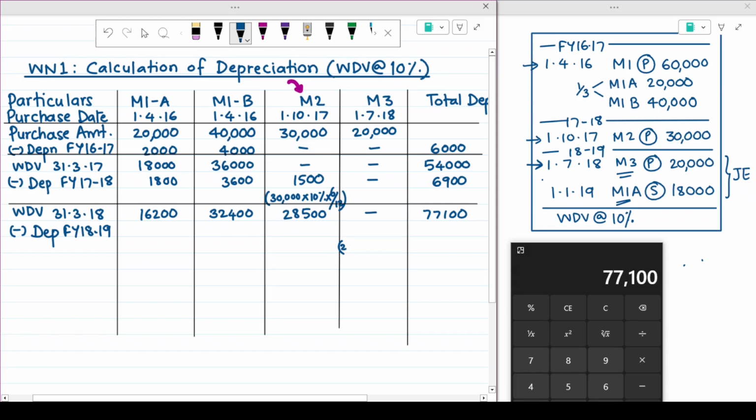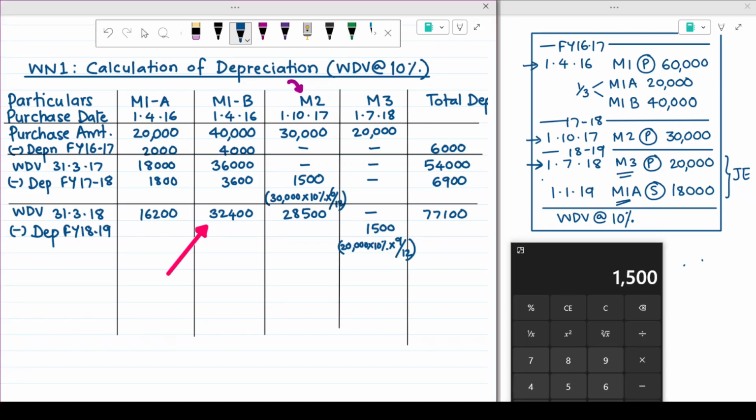So working: 20,000 into 10% into July, August, September, October, November, December, Jan, Feb, March, that is for 9 months. It was in business, so depreciation will be calculated for 9 months.